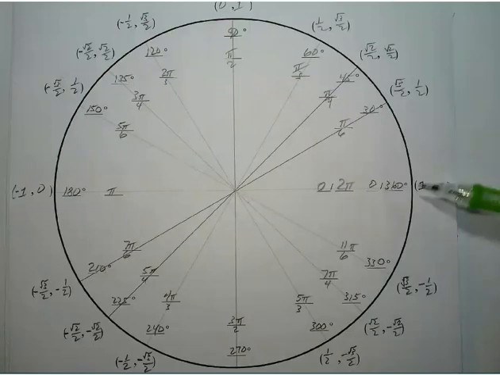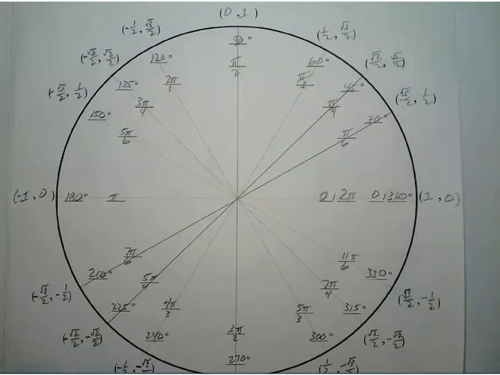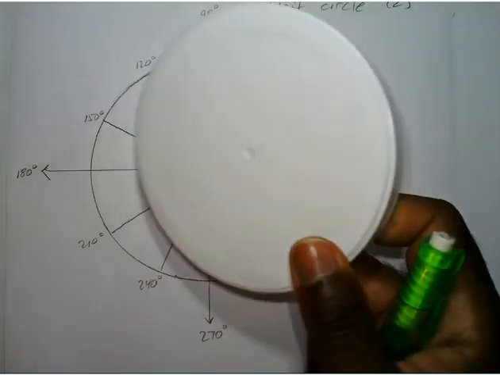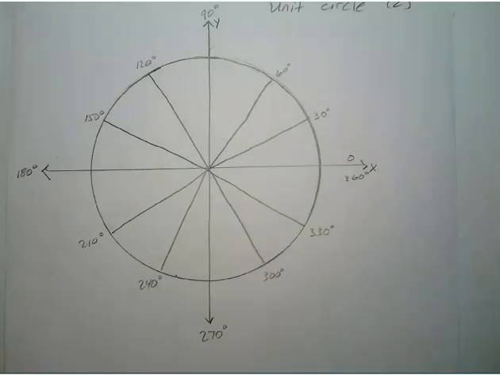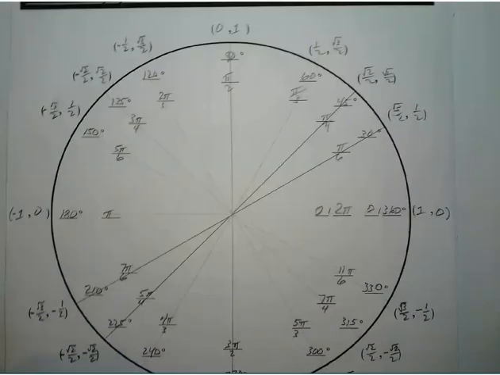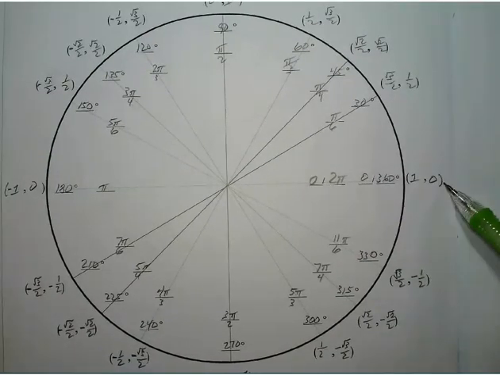On another sheet, I used anything circular, like this little top, or you can get a compass or whatever else, up to you, to trace and draw my little circle. Then we're going to mark every 30 degrees.